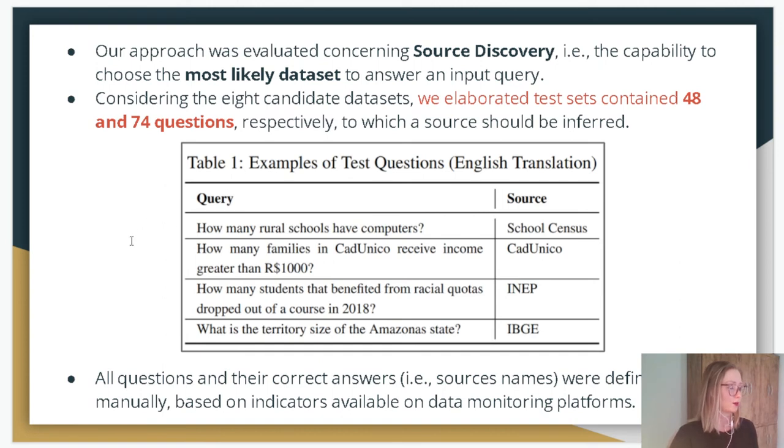So here in table 1 we have examples of the test questions where each question has a correct answer or a correct source. You can see that for the question how many rural schools have computers, the right source would be school census. And all questions and their correct answers were defined manually based on indicators available on data monitoring platforms.